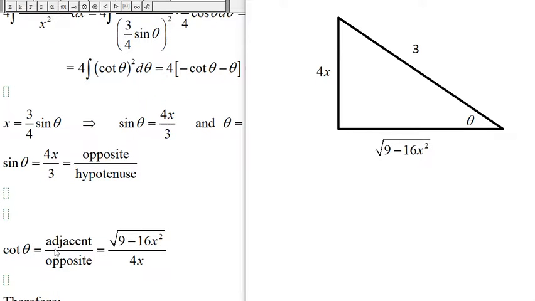Cotangent is adjacent over opposite. And so it would be the square root of 9 minus 16x squared divided by 4x. So that's cotangent of theta.